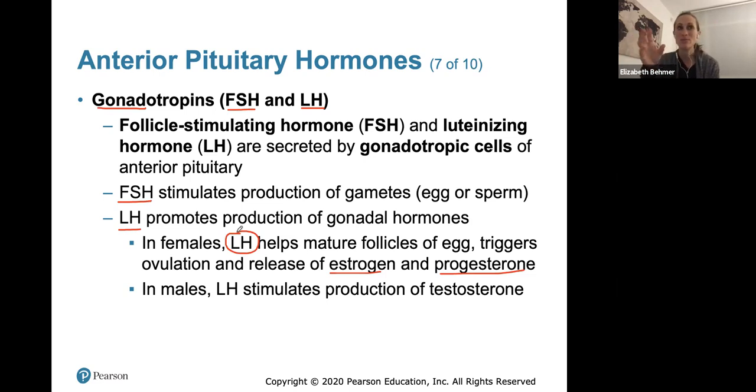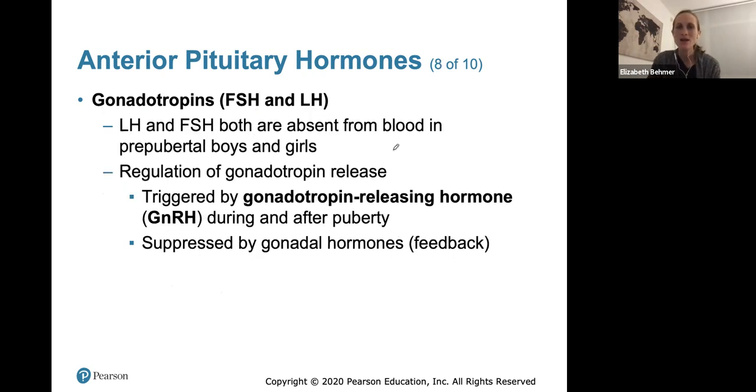So couples trying to get pregnant or going through fertility treatments will always look for that surge in luteinizing hormone, because that's right before an egg gets released, which is ovulation. And in males, luteinizing hormone stimulates the production of testosterone. They're absent from the blood in pre-pubertal boys and girls, and it's triggered by gonadotropin release.